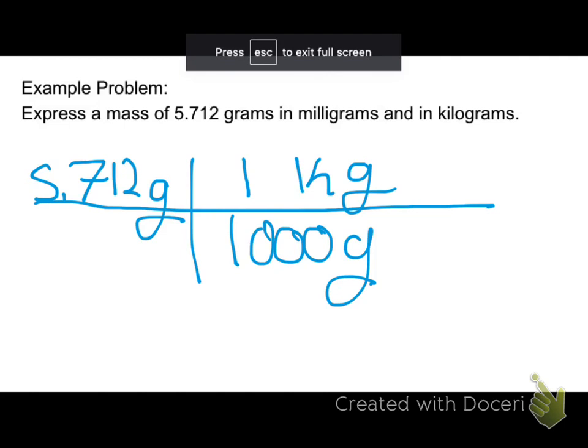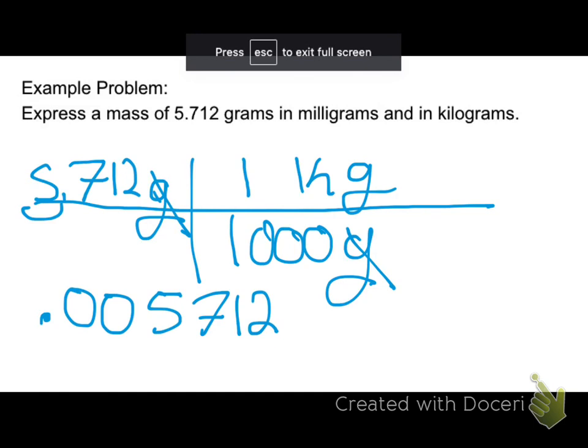So again, grams is on the bottom because we want grams to cancel out. And then this time, instead of multiplying by 1,000, we wind up dividing by 1,000, which means we're just going to move that decimal place 3 spots and wind up with 0.00571 kilograms.